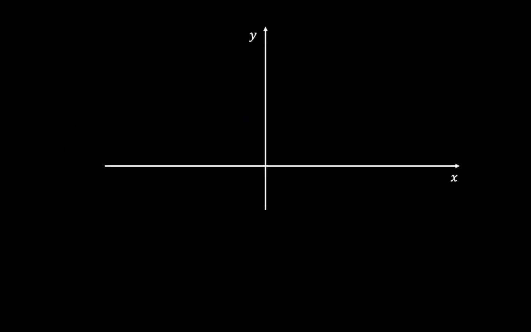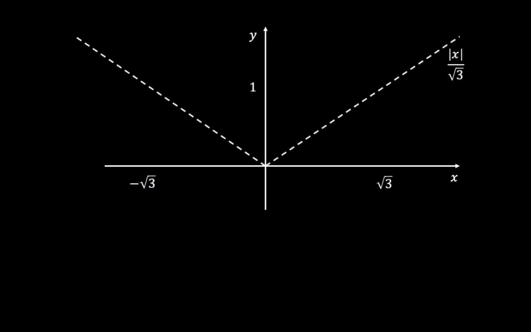So the first way is to plot a graph of the integrand. If we have y and x, the absolute value of x over root 3 is going to be like this. On the positive side, you have this line that has a gradient of 1 over root 3.